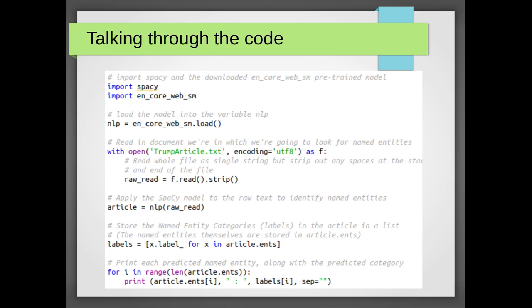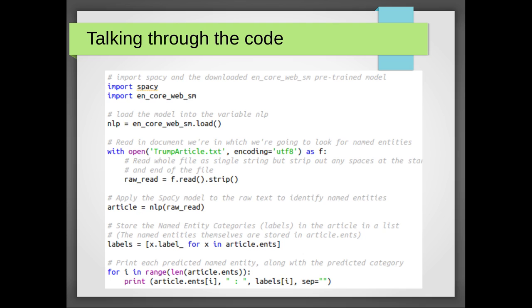So we're using list comprehension here, which you probably remember from earlier in the course. I'm going to call my list labels. Basically what that's saying is the named entity categories are stored within a label, within the ents subclass of the article, which is in itself the output from the SpaCy model.